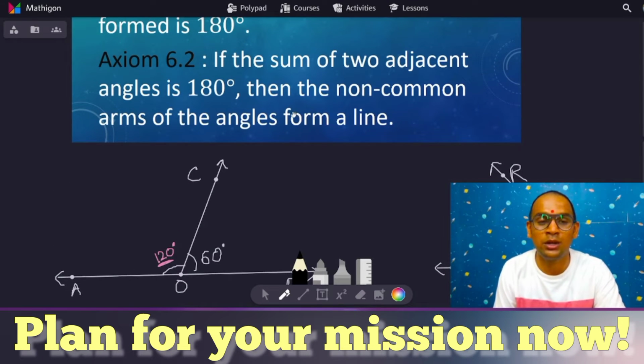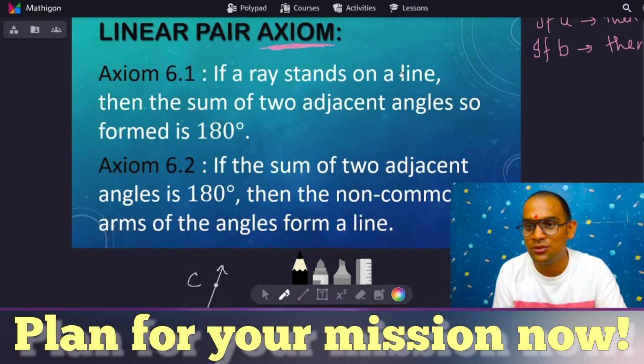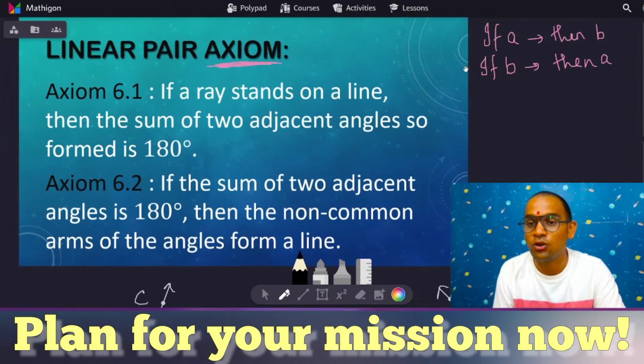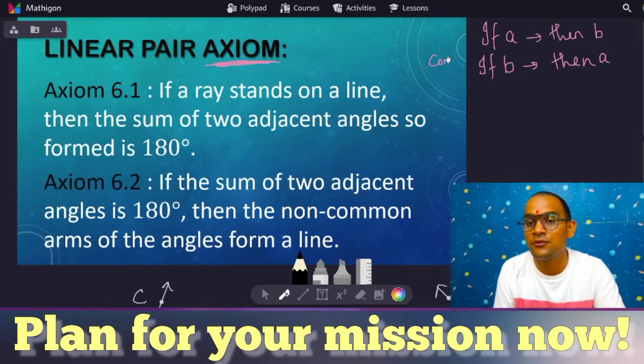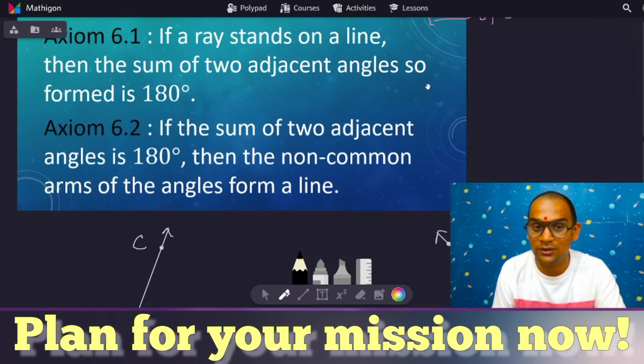Now, try to understand what axiom 6.2 says. It's just the opposite of that, and they are called the converse of the axiom or the converse of the theorem. Sometimes we say converse of the statement, which is rather better. Now let's try to understand what it says.